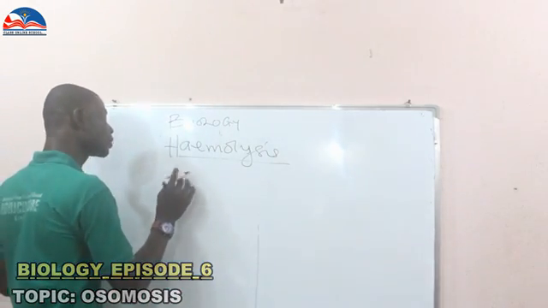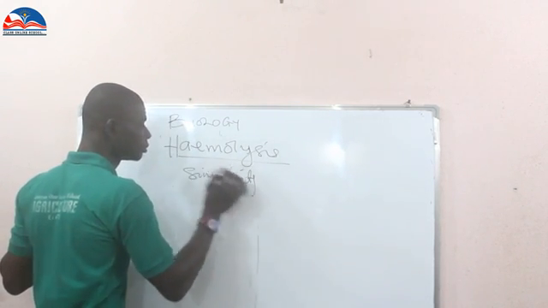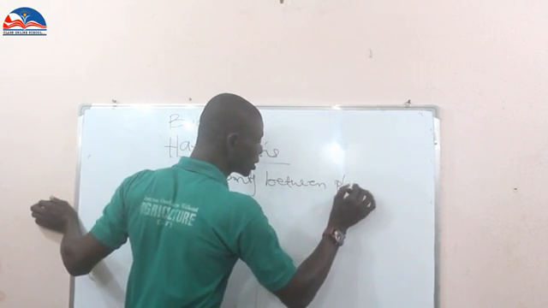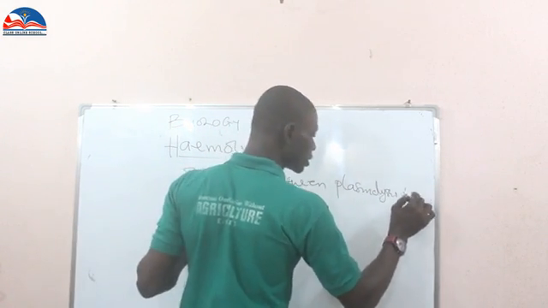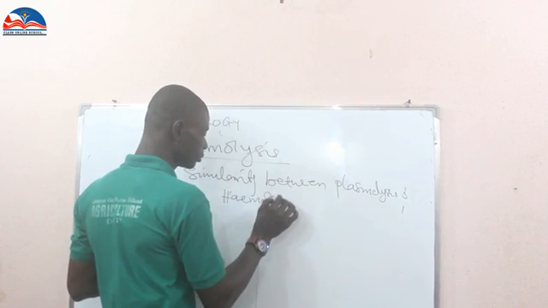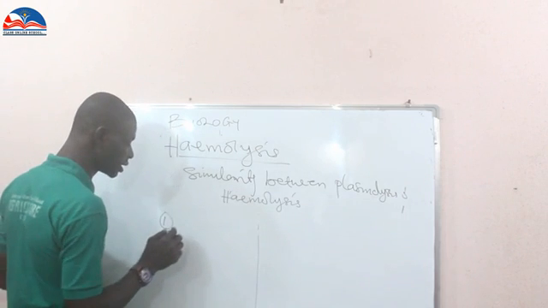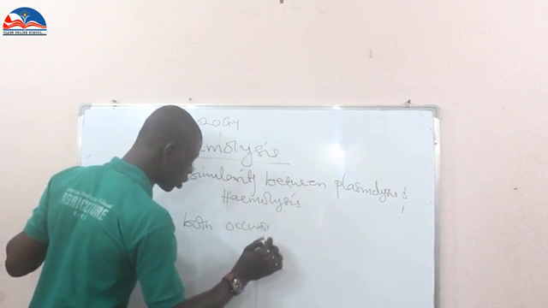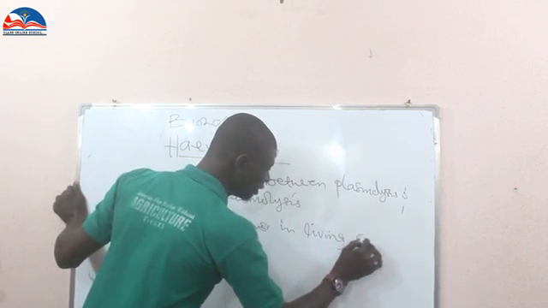Number one, the similarity between plasmolysis and hemolysis: both of them occur in living cells.